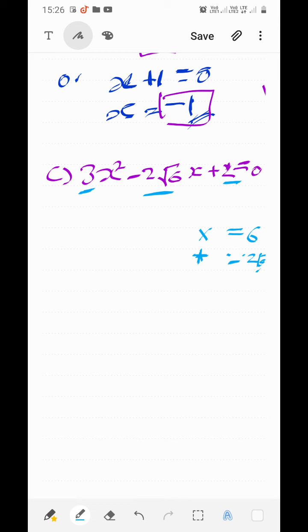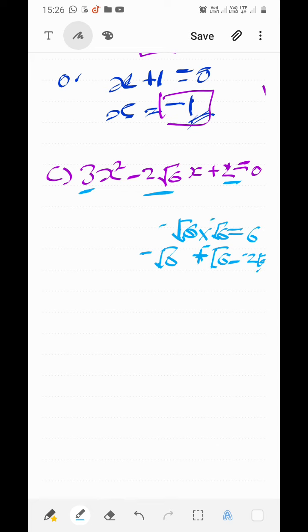So 6 is the product, and root 6 into root 6 is 6. If we add, root 6 plus root 6 is 2 root 6 actually, but we want minus 2 root 6, so both must be negative.